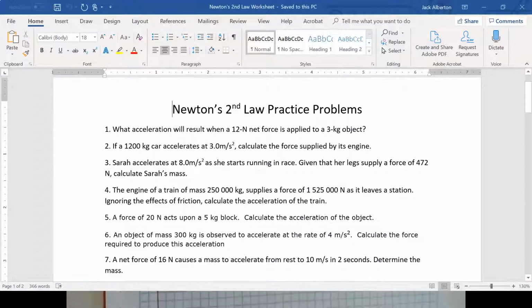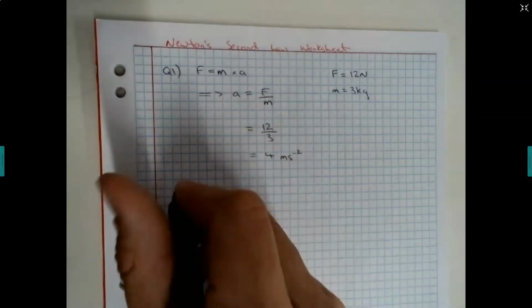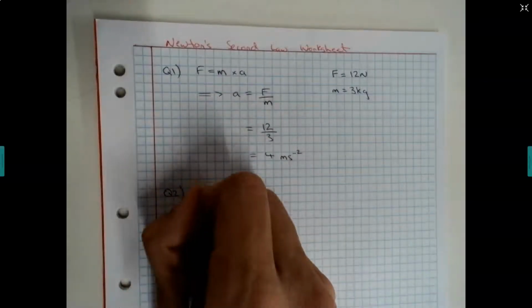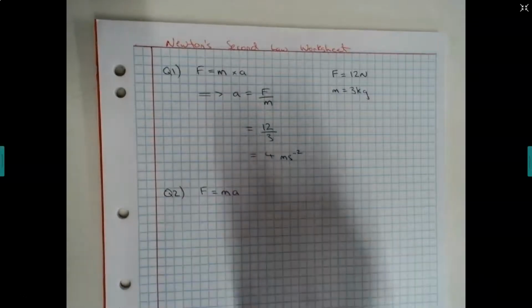Right, next one. If a 1,200 kilogram car accelerates at a rate of 3 meters per second squared, calculate the force supplied by the engine. So again, F equals ma.